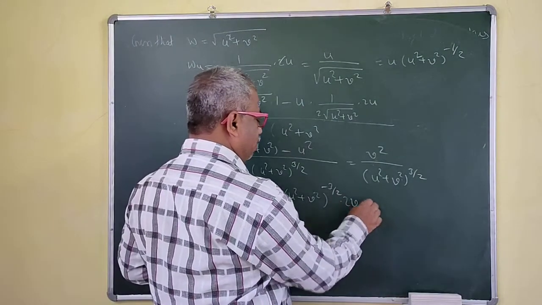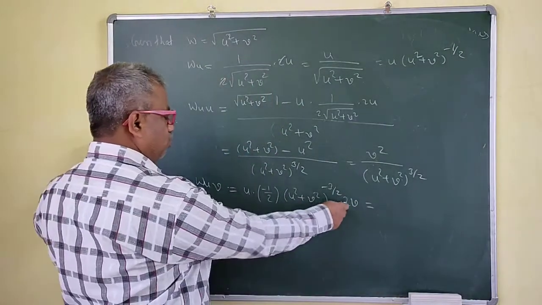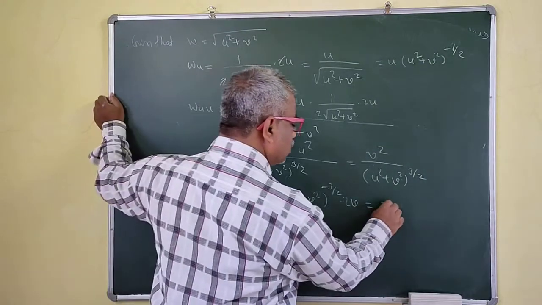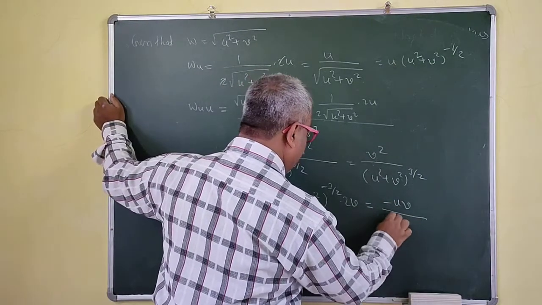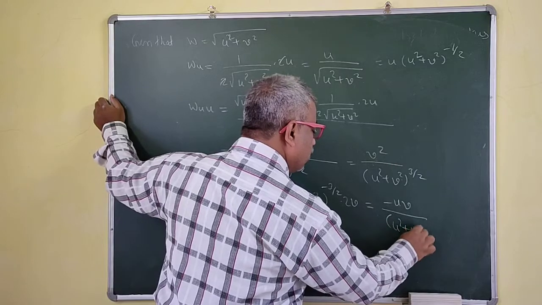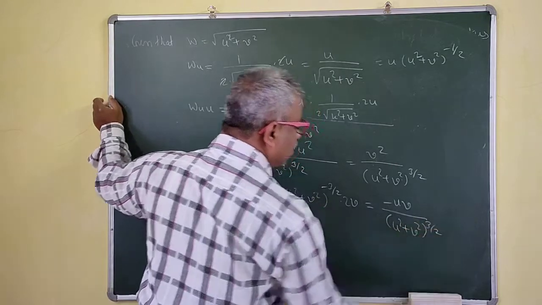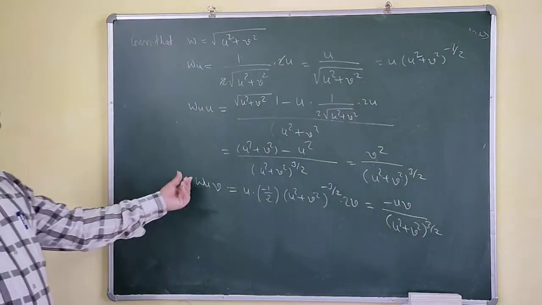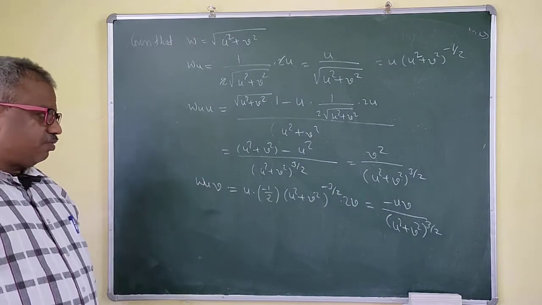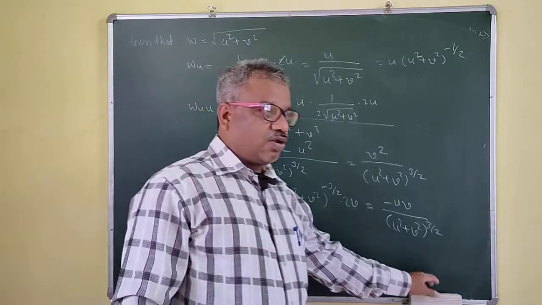You have to take care of this. These two get cancelled. This is minus uv upon u square plus v square to the power 3 by 2. So this is your second order partial derivative.